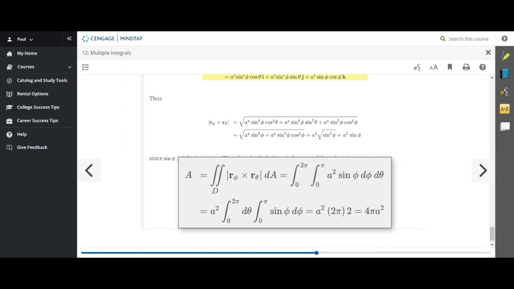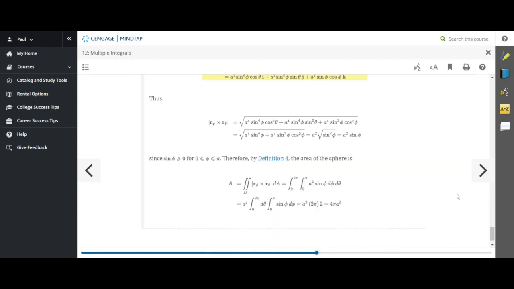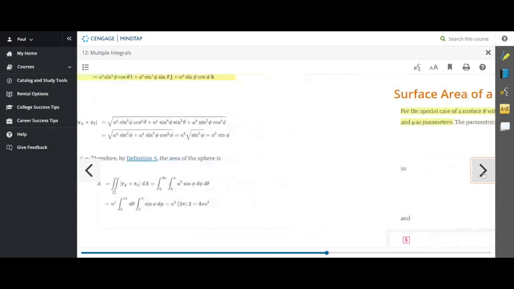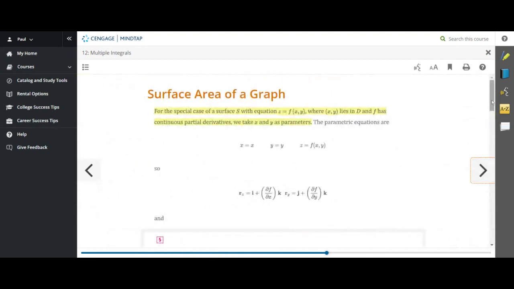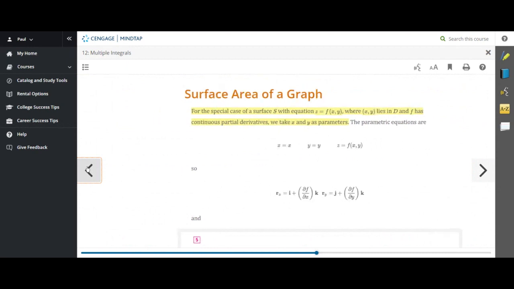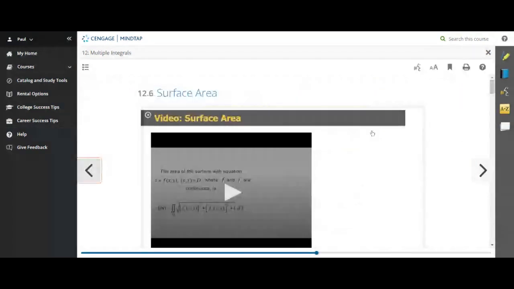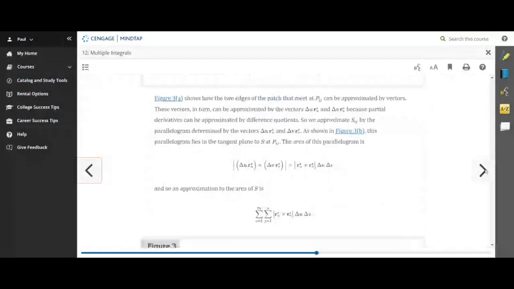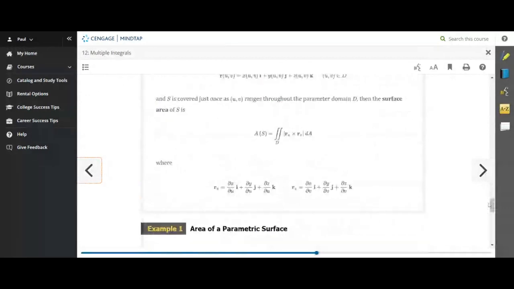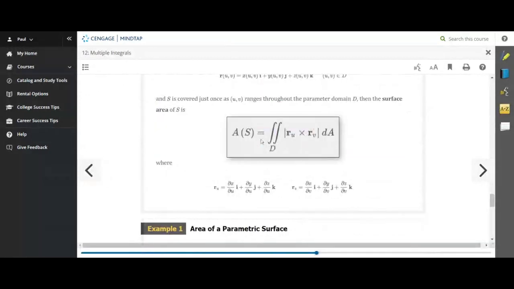Now, I'll mention something else. We're going to get to an example, but we see one example here. This is definition 4.